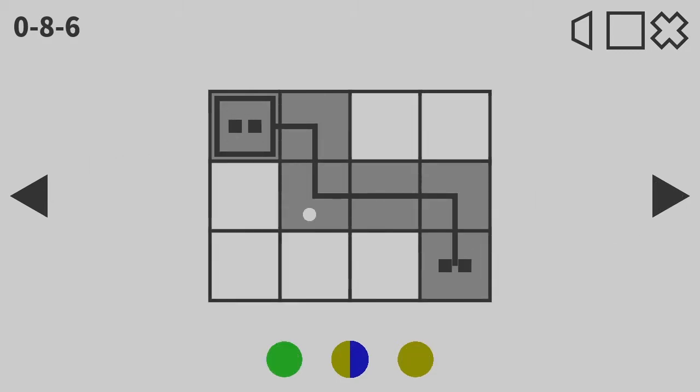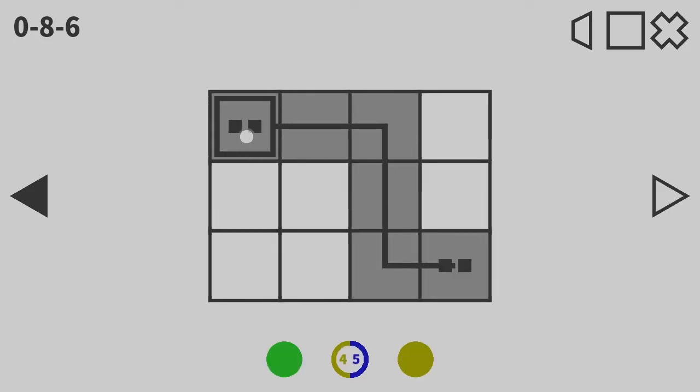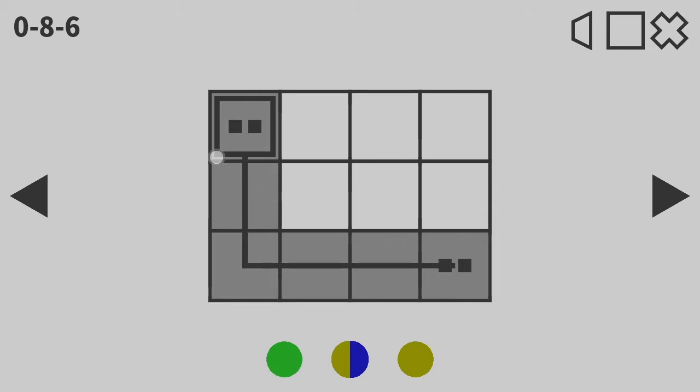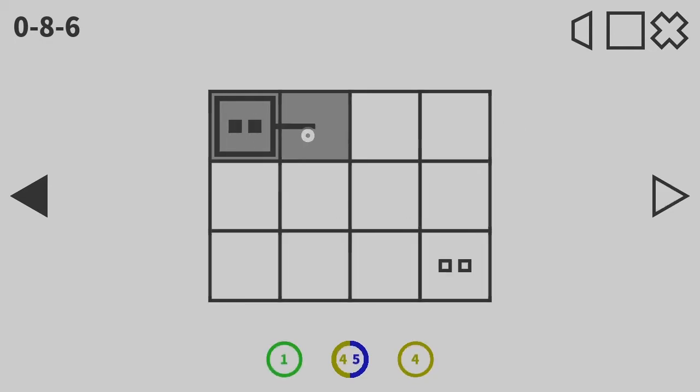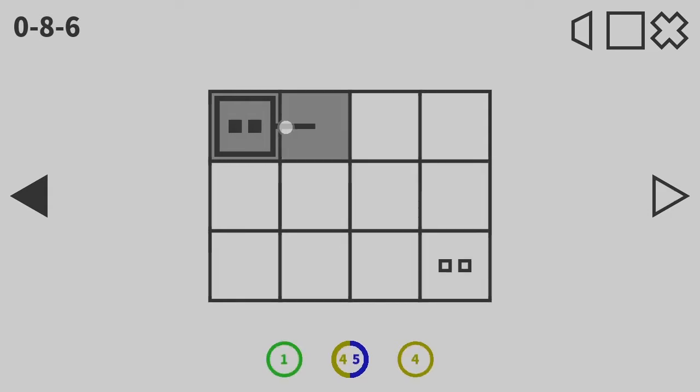2, 3, 4. What about 2, 3, 4? That's fine. That's not fine. That's not fine. That's fine. That's fine. That's not fine. That's fine. These are just like inverted from each other. 1, 1, 2, 1. 2, 1, 1, 1.